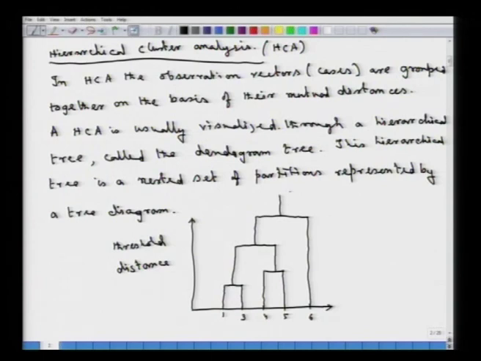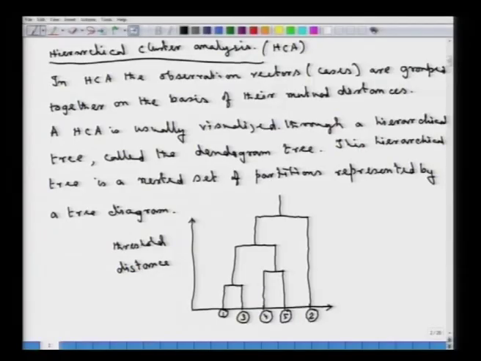Now, what is the interpretation of the tree structure that we have drawn? It basically looks at cases. There are 6 cases, and we are trying to form clusters among the 5 at the moment. So, these 5 cases are going to be put into various clusters using a hierarchical cluster analysis technique. A tree diagram, which is the output of such a hierarchical clustering method, looks like the following.